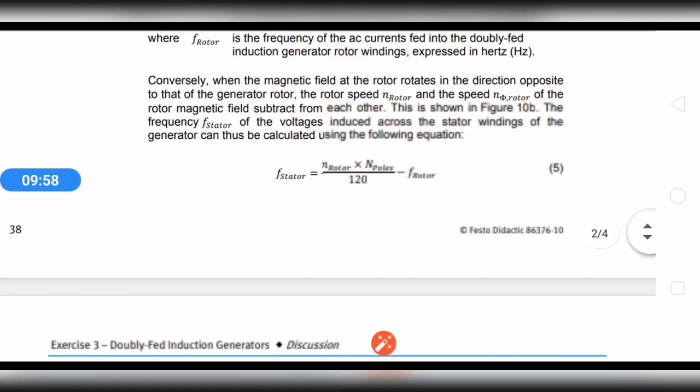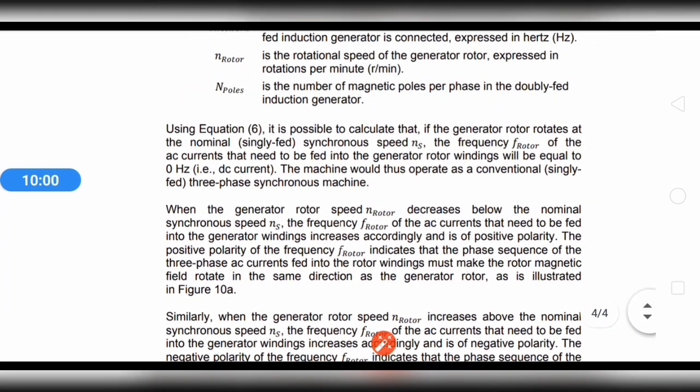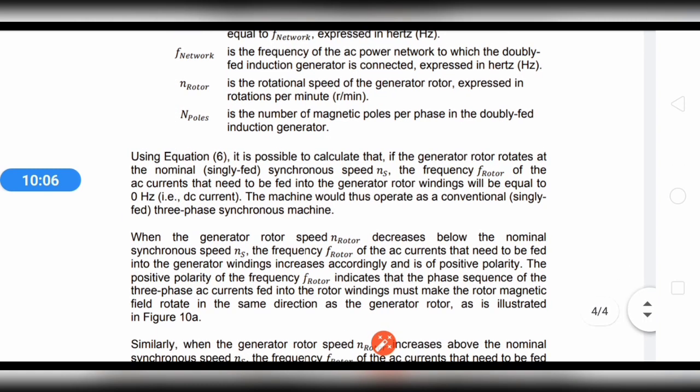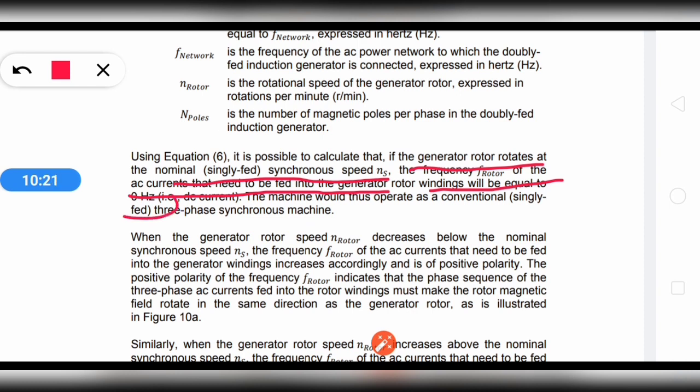This can be explained, for example: if the generator rotates at nominal speed, that is synchronous speed, the frequency of the rotor AC currents that need to be fed into the generator is 0 Hz.